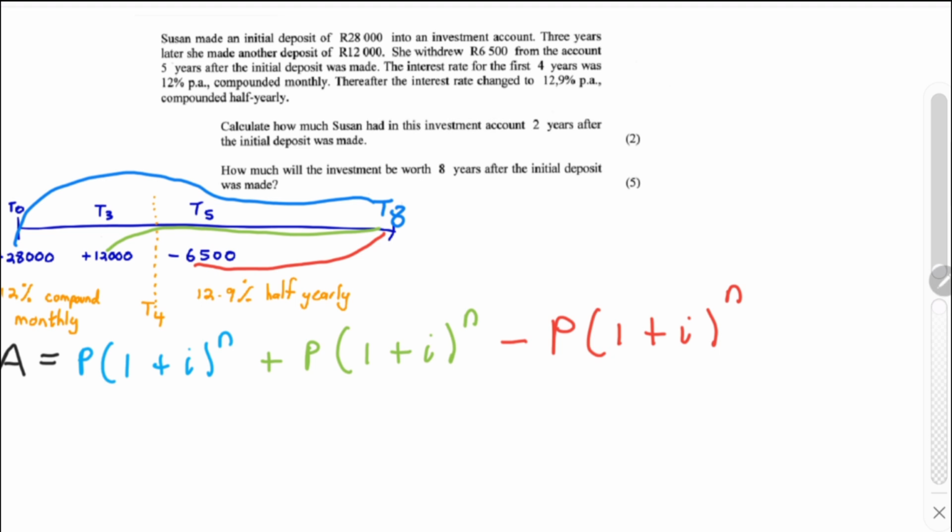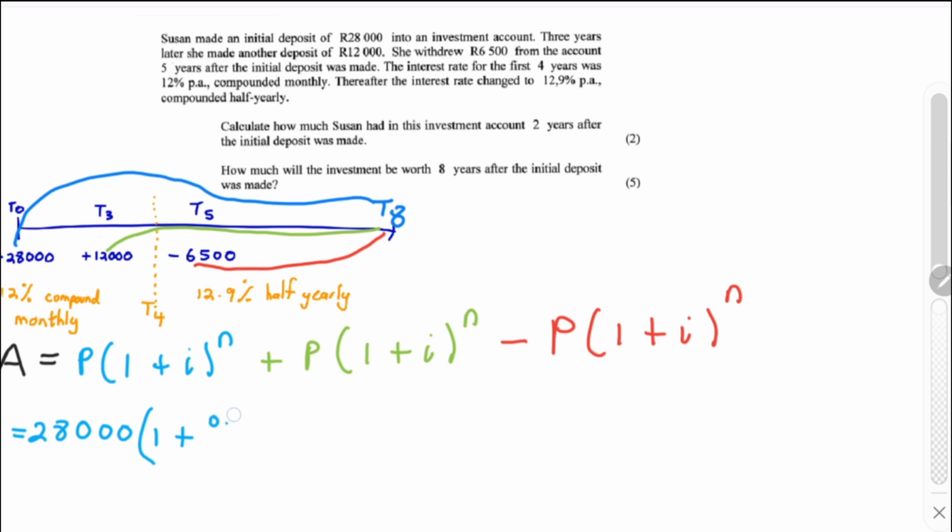So then now we can do our substitution. So it's 28,000 rands, 1 plus. Now this 28,000 rands underwent 2 interest changes. The first one was for the first 4 years, which was 12% compounded monthly.